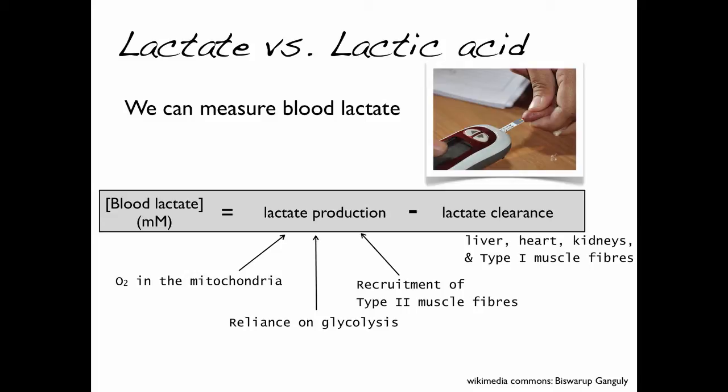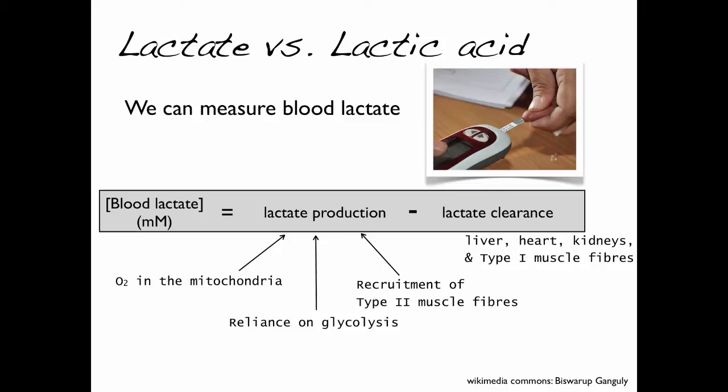Tissues such as the liver, heart, kidneys, and type 1 muscle fibers contain the isoform that converts lactic acid back to pyruvate so it can be used in metabolism. If we have a greater predominance of type 1 muscle fibers, or if there's a greater amount of blood flow going to the liver, heart, and kidneys, we can better clear the lactate produced during exercise.